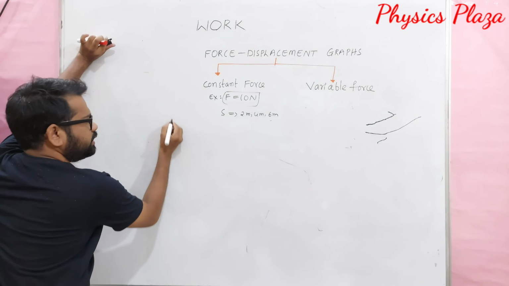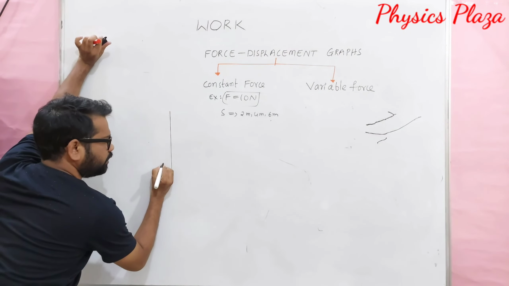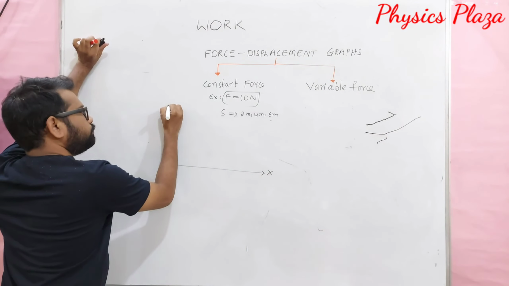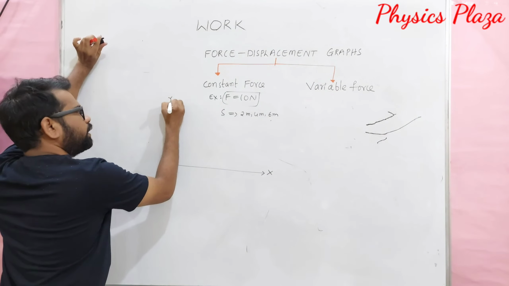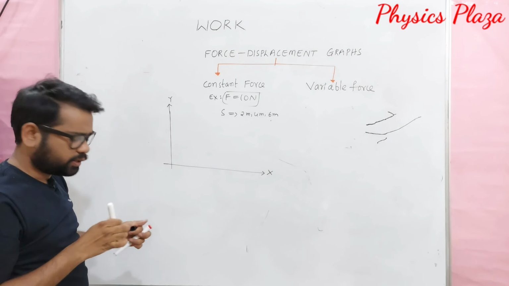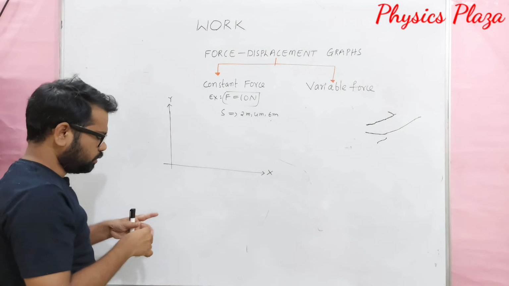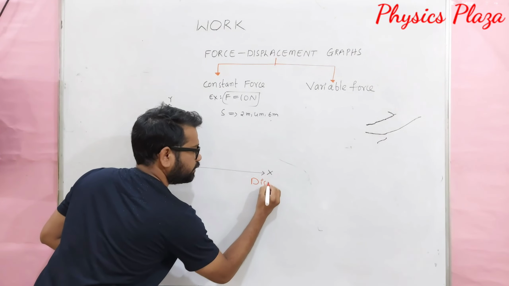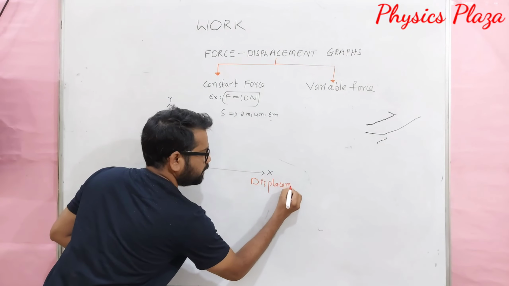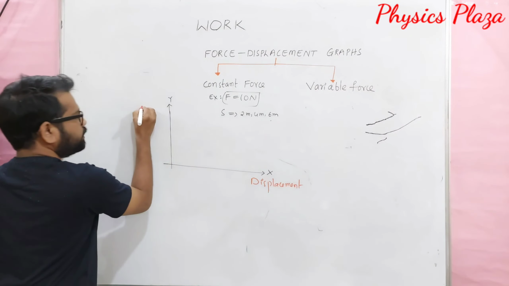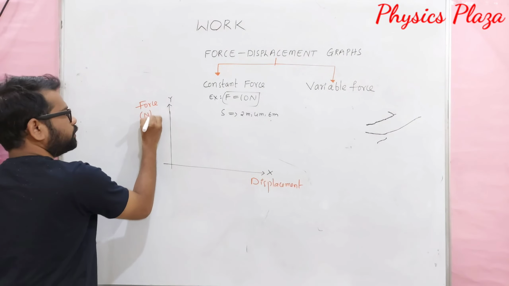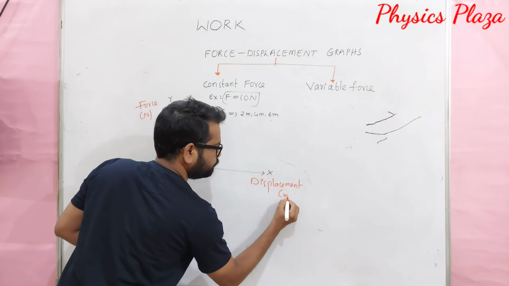If you plot a graph, here is the x-axis and here is the y-axis. On the x-axis, displacement is taken, and on the y-axis, force is taken. Force is taken in newtons and displacement in meters.